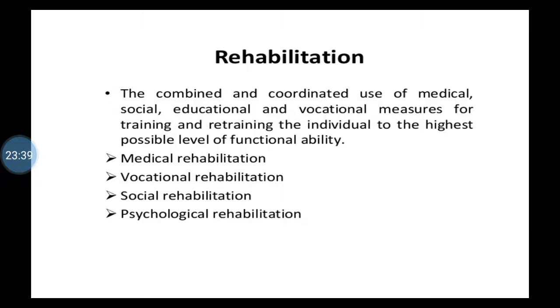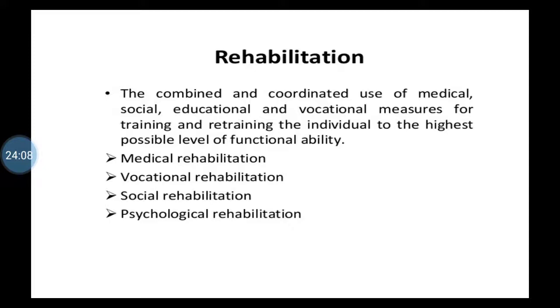Now this can be done through physiotherapy, occupational therapy, vocational training. These are some of the types given on your screen in the slide. Medical rehabilitation will include physiotherapy, isn't it? Vocational rehabilitation, then social rehabilitation, isn't it?